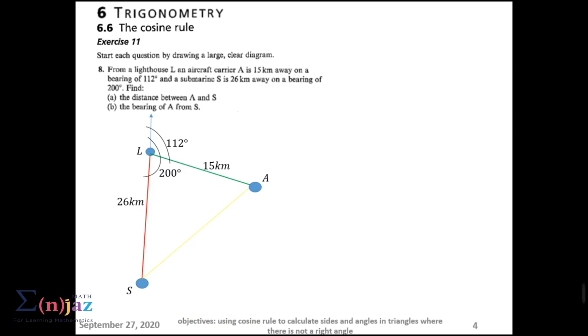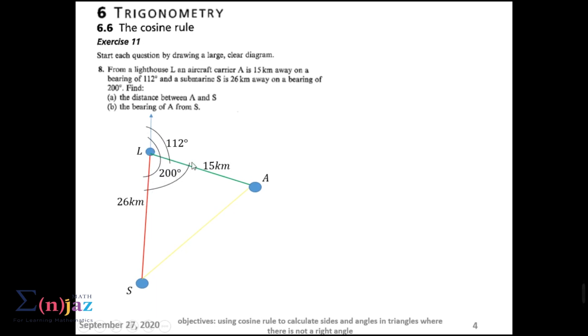The next step is to name each angle and the opposite side to it. Starting with the angle between the green and the red sides: the angle from the north to the red side is 200 degrees.